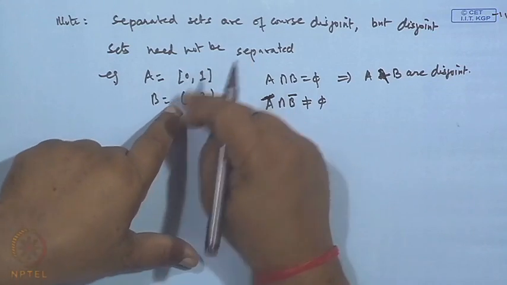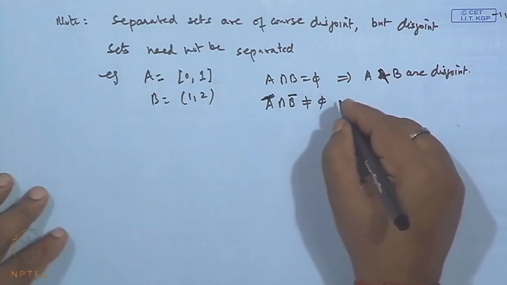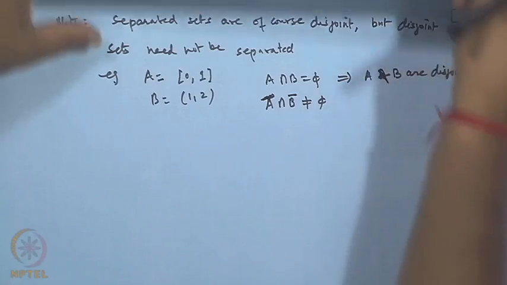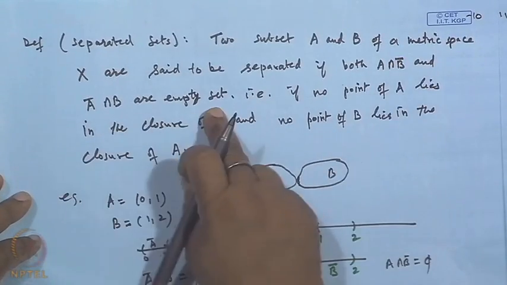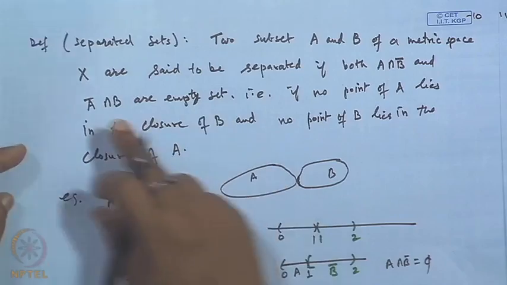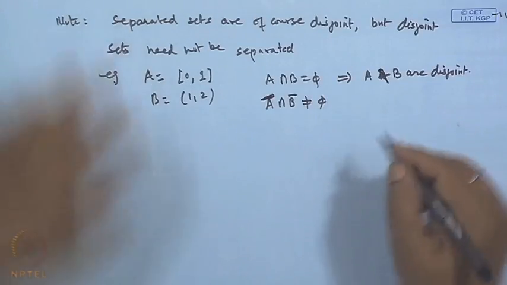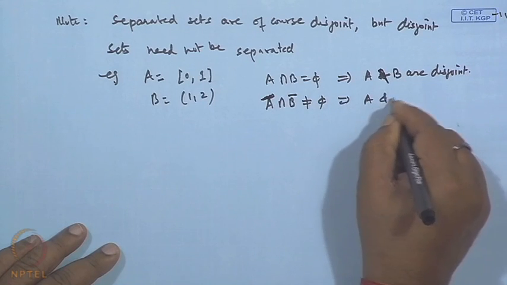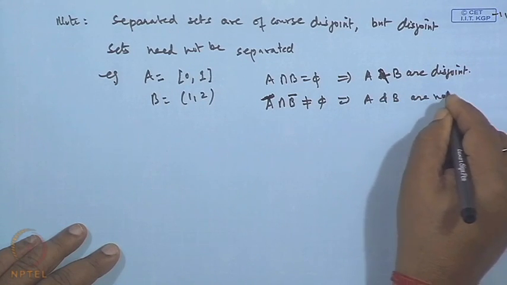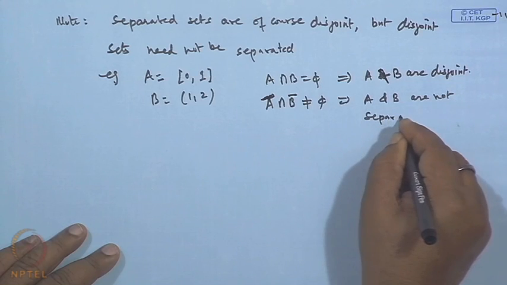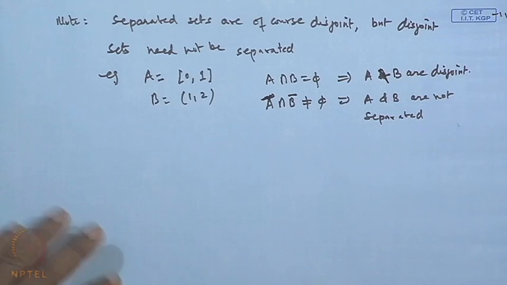So, the intersection will include 1. While the separated set definition says both these must be empty sets. So, here at least this is not empty. So, this shows A and B are not separated. Okay.